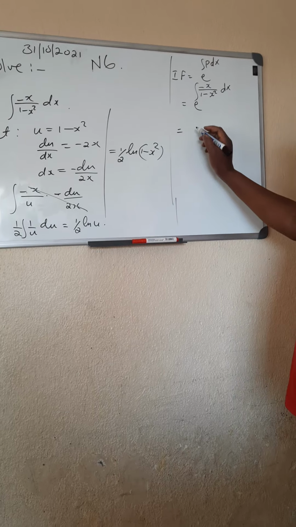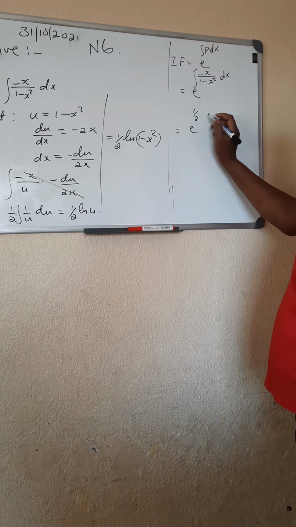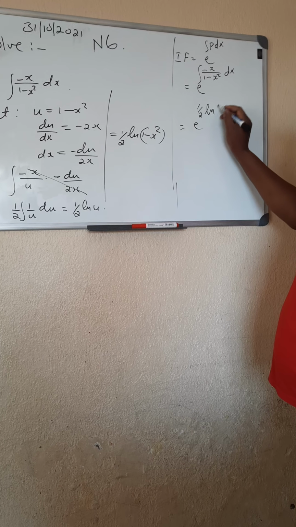So this would be the integral up there. So it will be e to the half ln of the bracket.